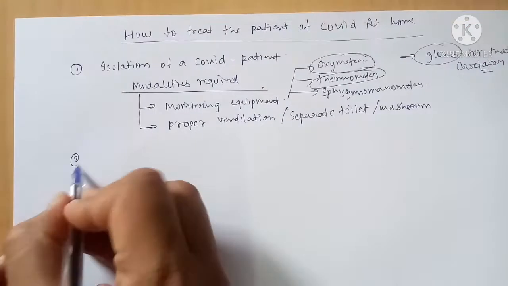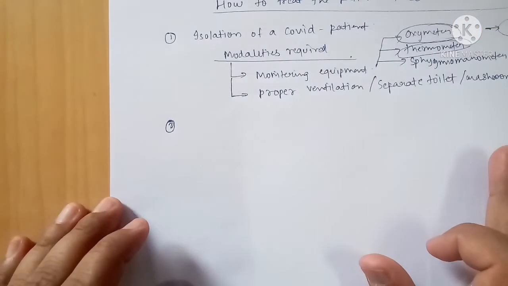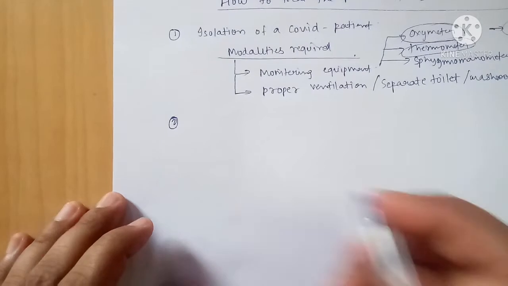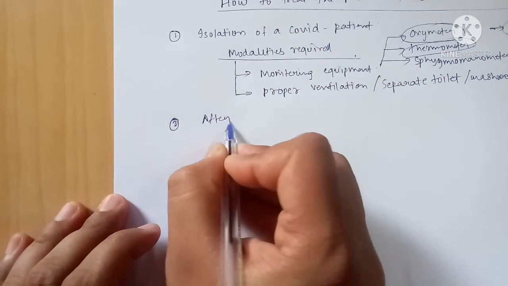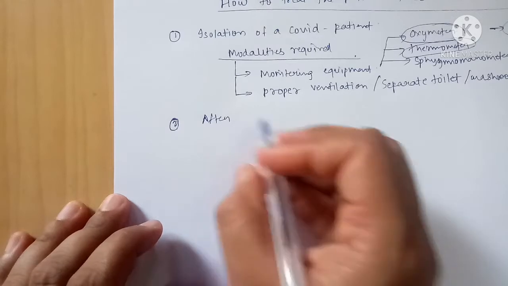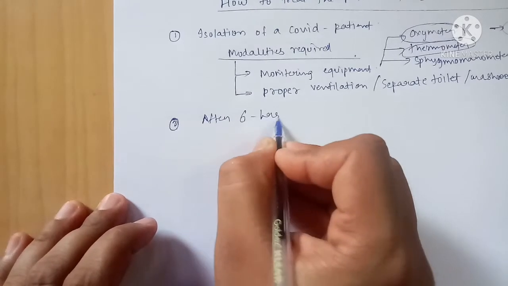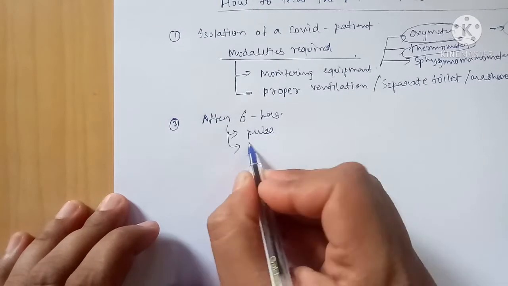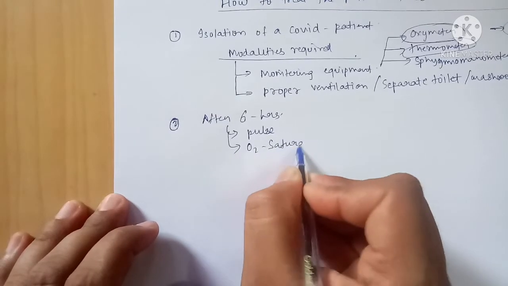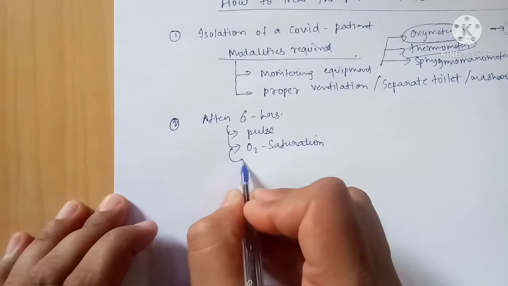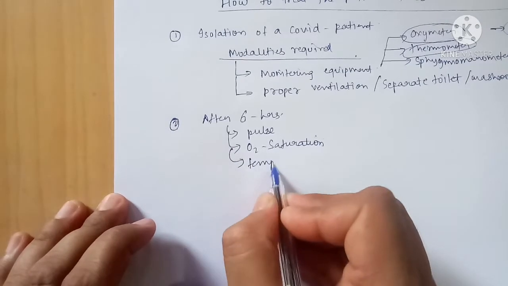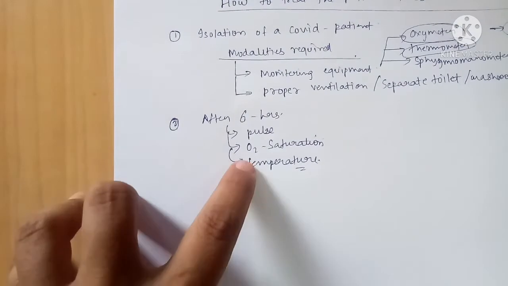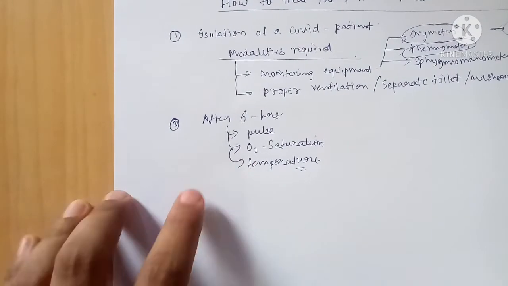The next point is that we have to make a proper chart on paper. The caretaker has to measure the following values every 6 hours: pulse, oxygen saturation, and temperature.